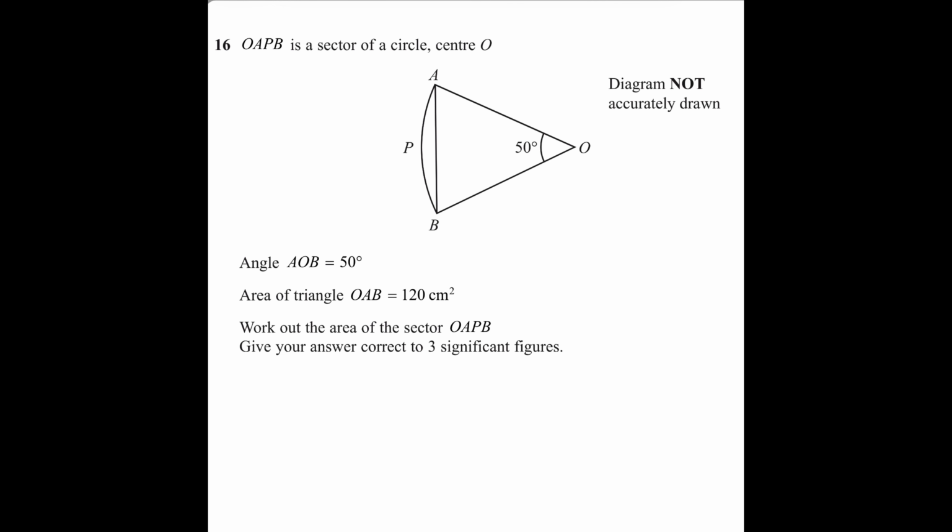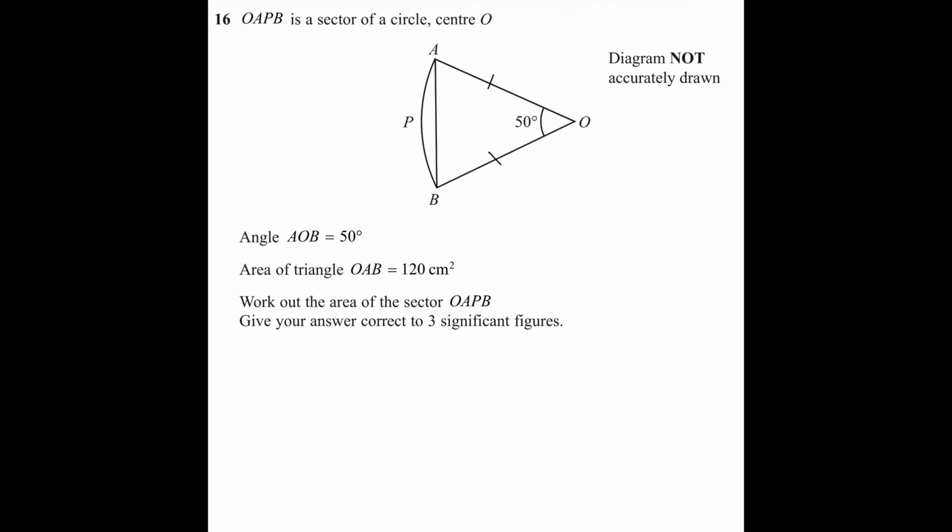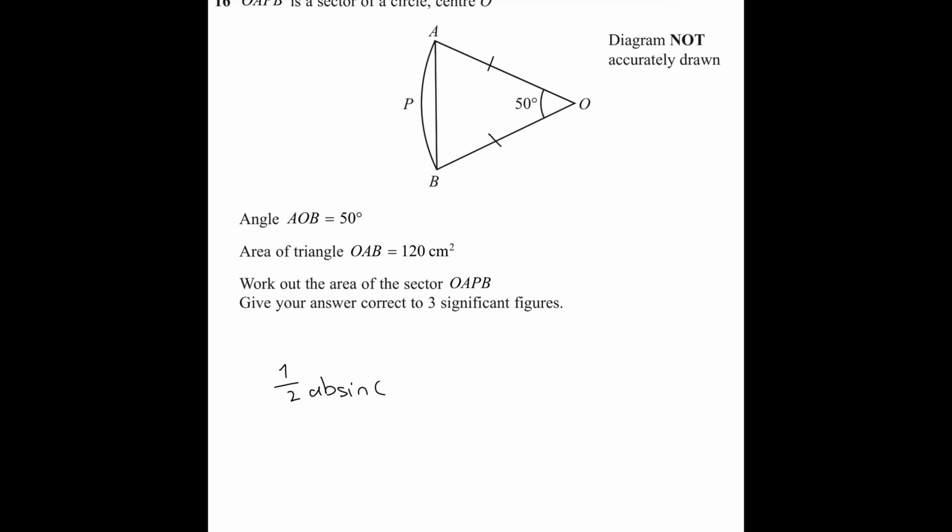Now, how do we find r? Let's see. You have to see that this is an isosceles triangle, which means these two are the same because they're both radii of the circle. And using the equation that's on the formula booklet, half AB sine C is the area of a triangle. So if A and B are the same, then we can just write half A squared sine of 50 is equal to 120.